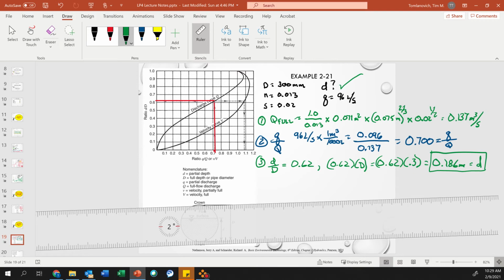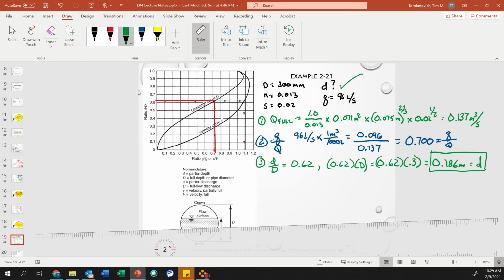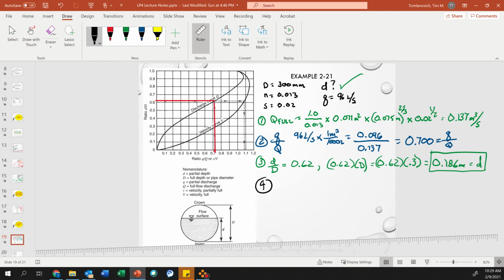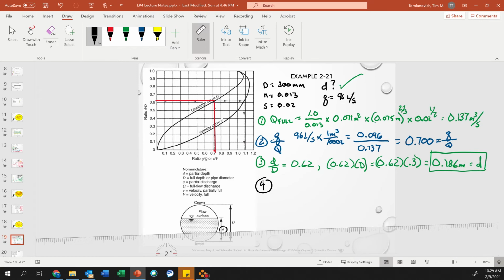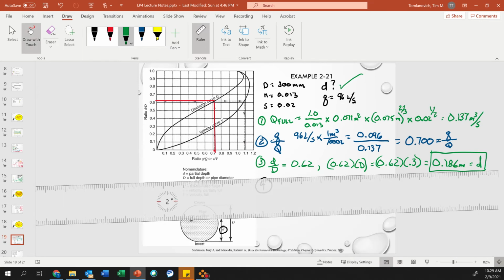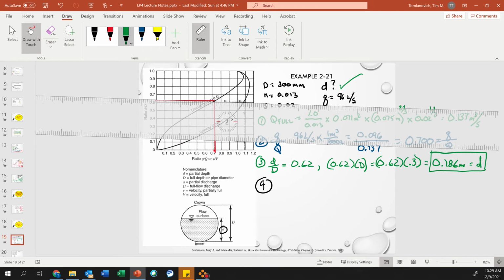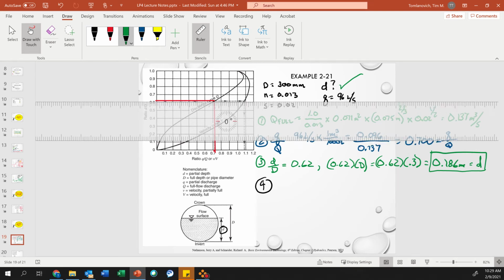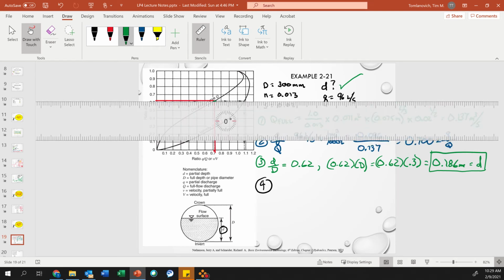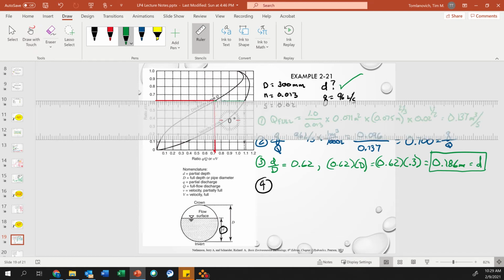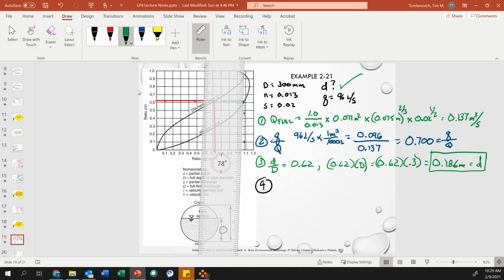Okay, what is the velocity of flow at that depth? Okay, so now at a flow depth, because if you see here, here's our flow depth right here of 0.186 meters. What is the velocity at that flow? Okay, so now if you come back up here to the chart, we come over to the velocity curve and we come down.